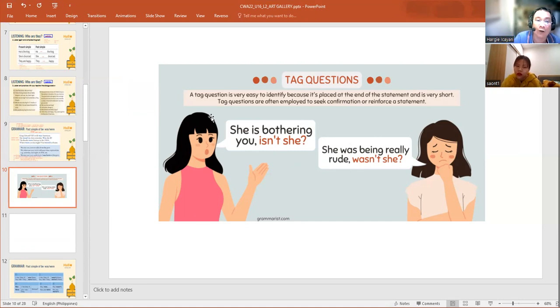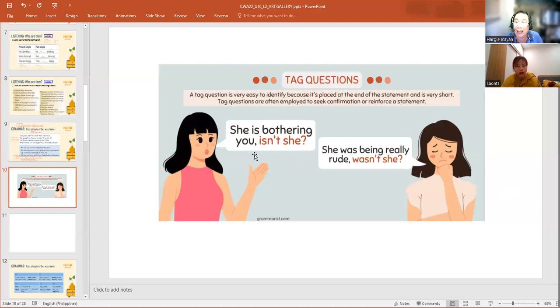Like for example, look at this one. A question tag is very easy to identify because it is placed at the end of the statement. It's here, and it's very short. Tag questions are often employed to seek confirmation or reinforce a statement. If you are talking to someone, for example, "She's bothering you, isn't she?"